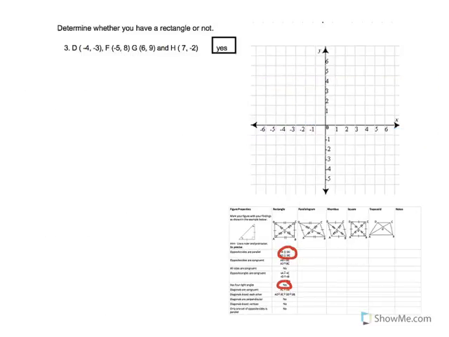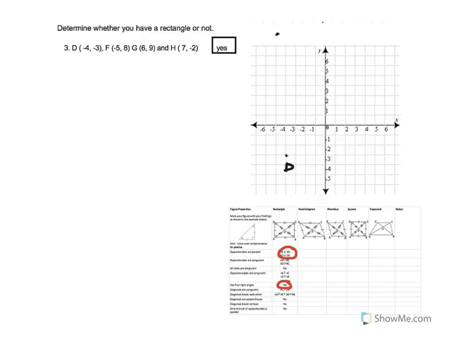Let's do another example. So here, we need to determine whether we have a rectangle or not. So let's plot the points for the figure. We have D is -4, 1, 2, 3. F is -5 and then 8.